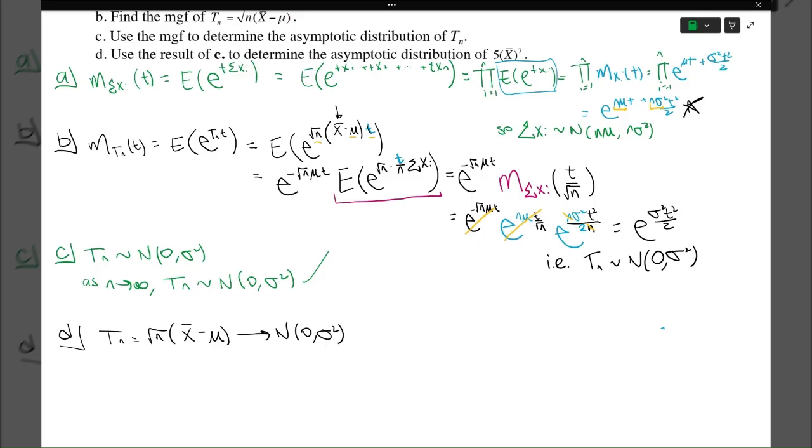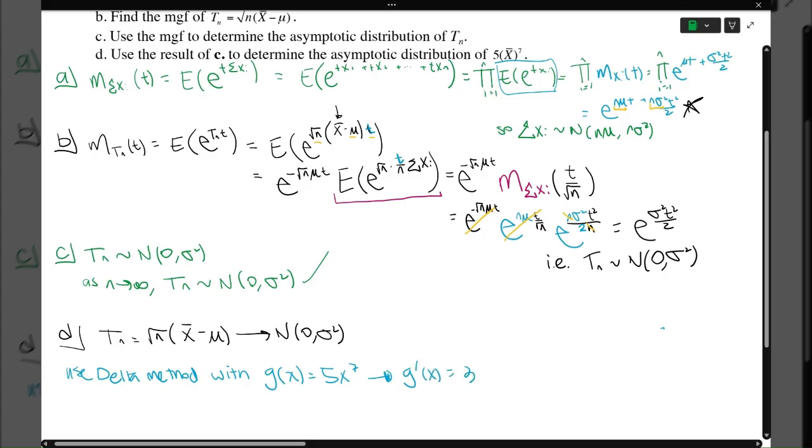All right. Now let's use the delta method, where g of x is equal to 5x to the 7th. g prime of x is going to be 35x to the 6th.